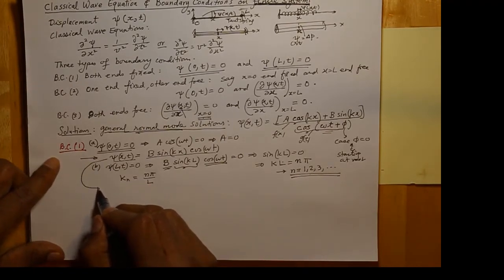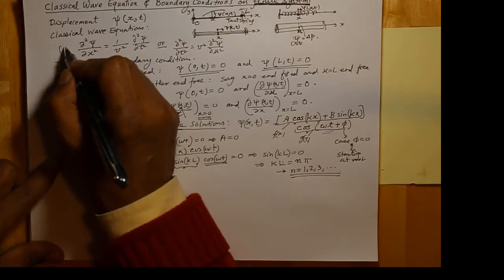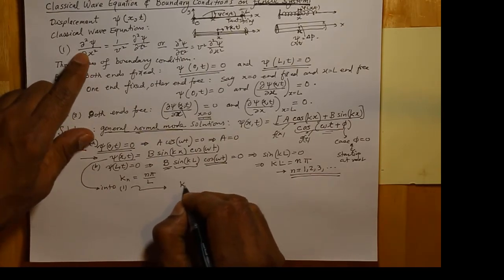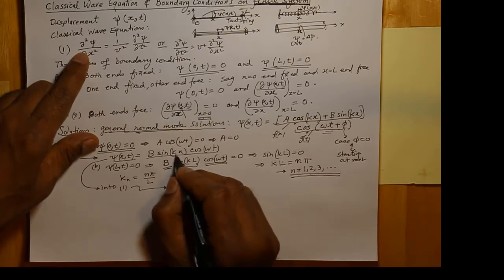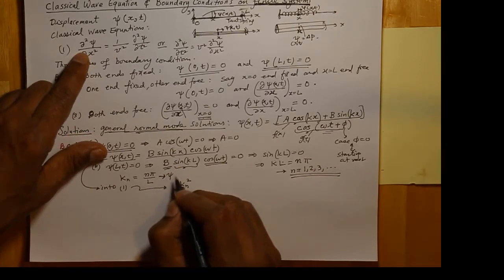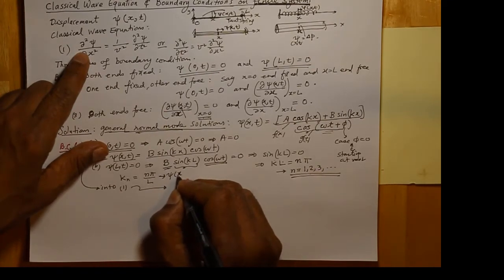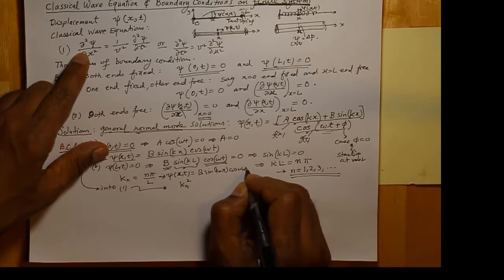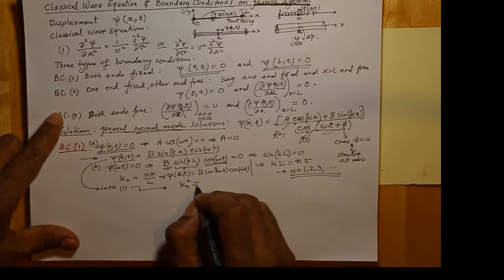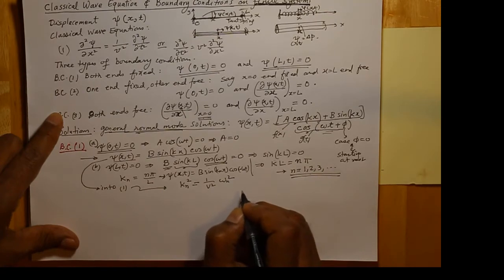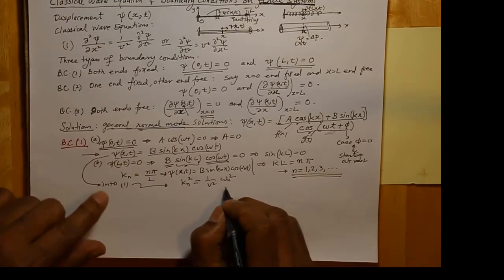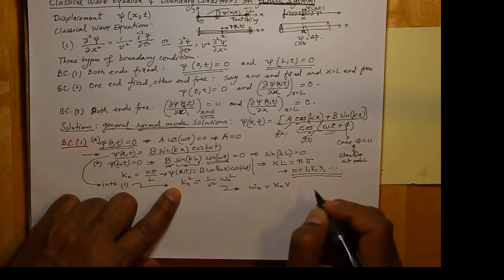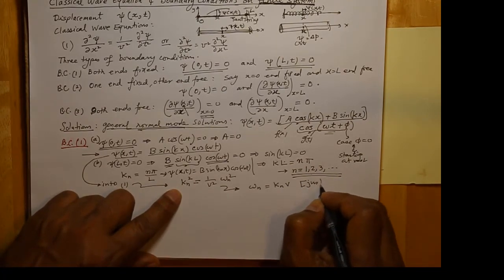Now when we put this solution into equation 1, on the left side you're going to get k_n squared times psi, denoted as x t, which is b sine k_n x cos omega_n t. k_n squared is equal to 1 over v squared omega_n squared. There's going to be a minus sign here and a minus sign here, they will cancel, and this means omega_n equals k_n v, just positive roots.